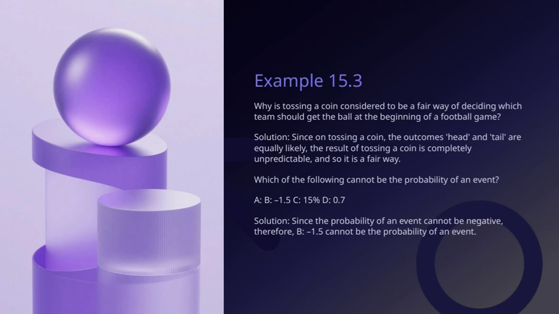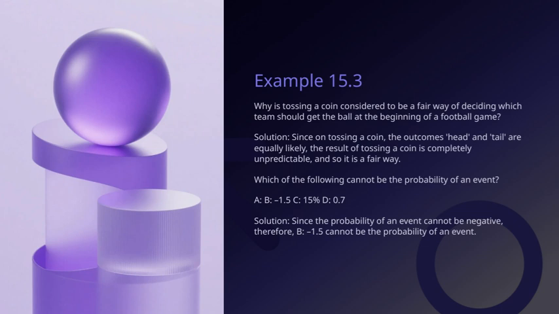Moving on to the next part, why is tossing a coin considered a fair way of deciding who gets the ball at the start of a football game? Well, because when you toss a coin, the outcomes, heads or tails, are equally likely. This means there's no bias toward either side. The result is completely unpredictable, making it an unbiased, fair method.